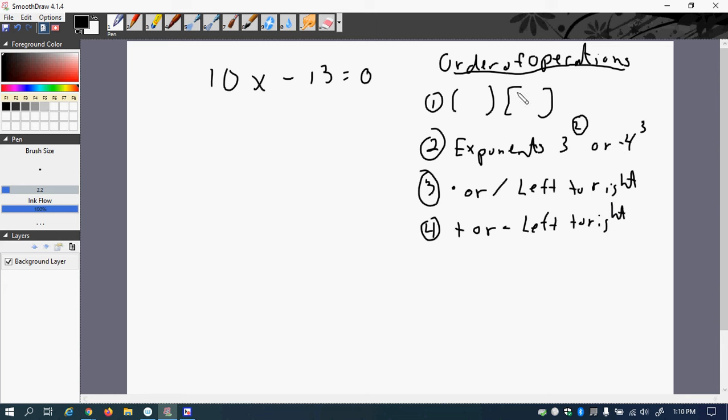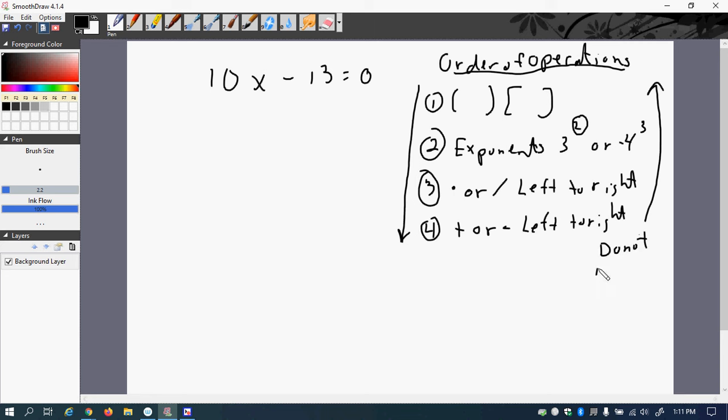Now, the thing about the order of operations is this works when you know all the numbers. So in this direction is the way I go when I know all the numbers. So that's important to know. Now, when I don't know all the numbers, and in this particular case that's the case, I actually go in this direction.